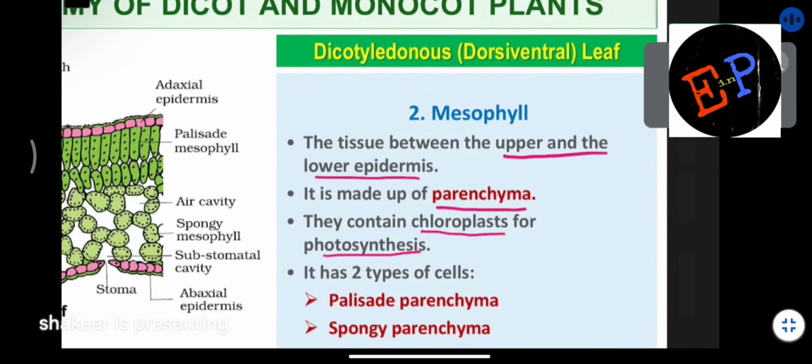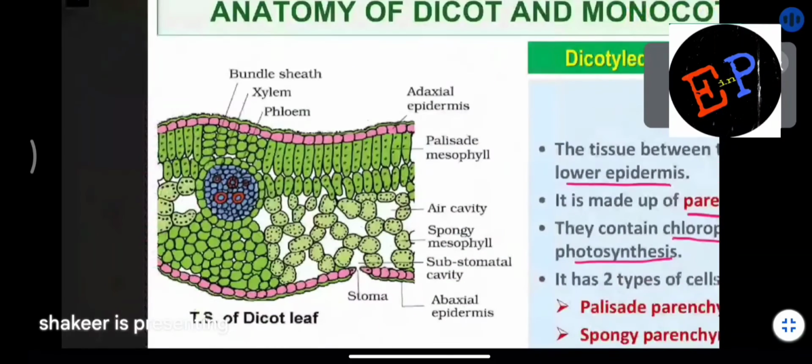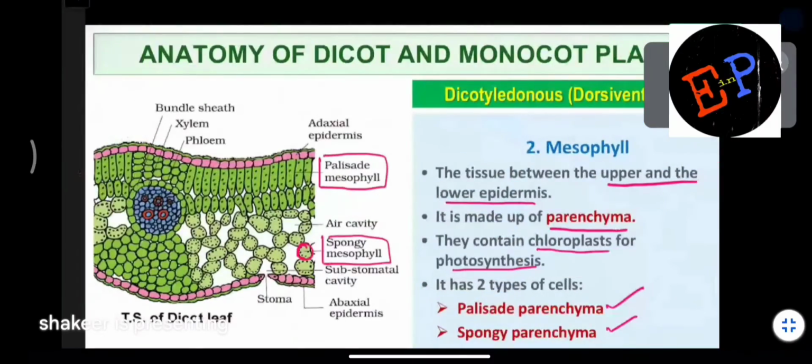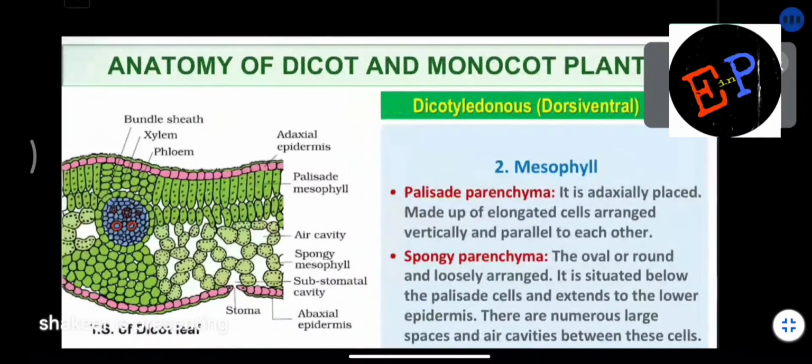It has two types of cells, palisade parenchyma and spongy parenchyma. In the figure you can see here. So this is called palisade parenchyma and this here is called spongy parenchyma. Clear? Then palisade parenchyma is adaxially placed. So adaxially placed means what?